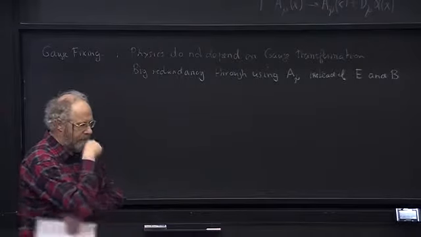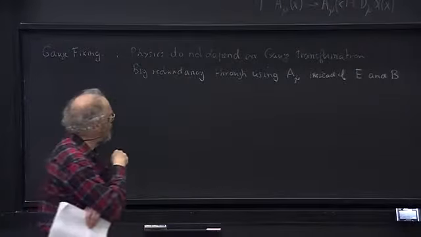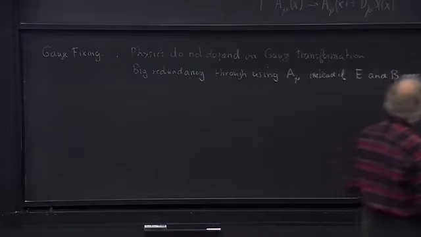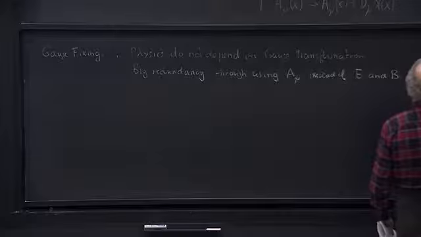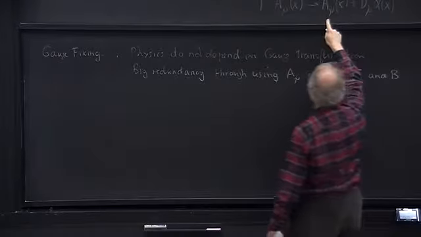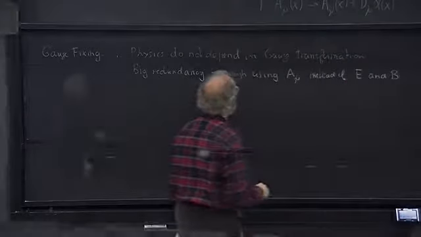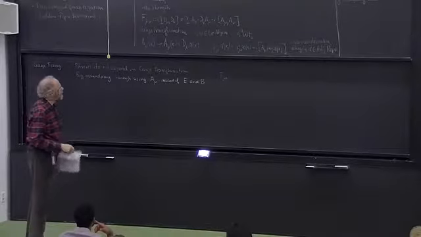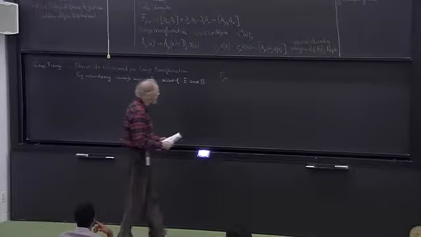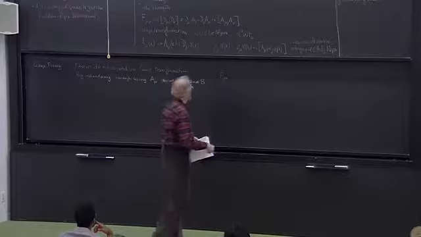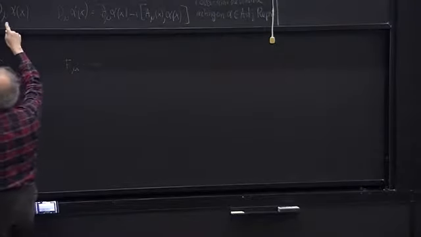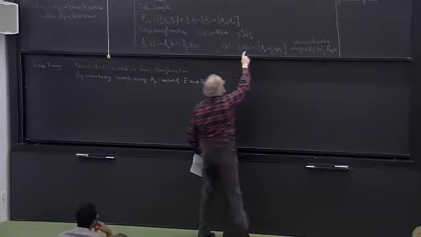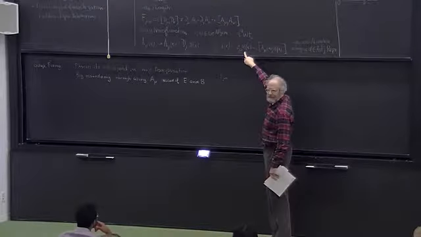Yes? Can you remind me how F mu nu transforms under gauge transformation? It can be derived. Under a gauge transformation, A mu transforms non-trivially, because it involves a derivative, and this term means that it's not covariant.